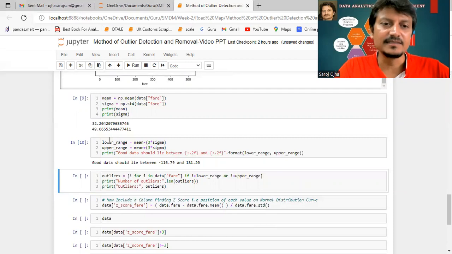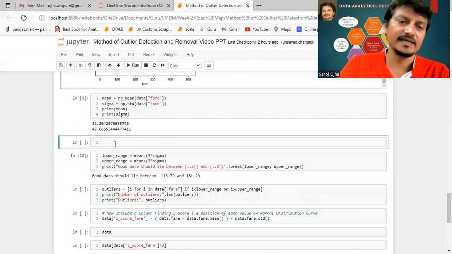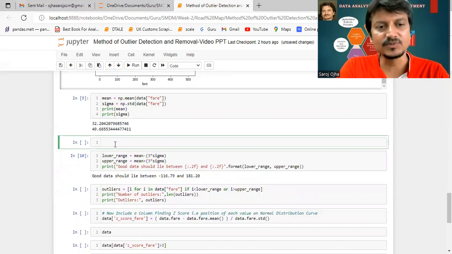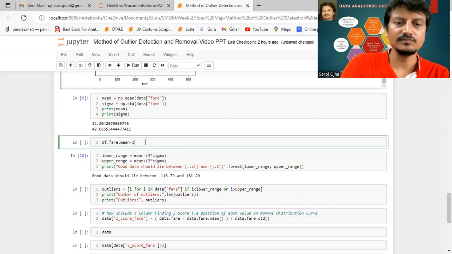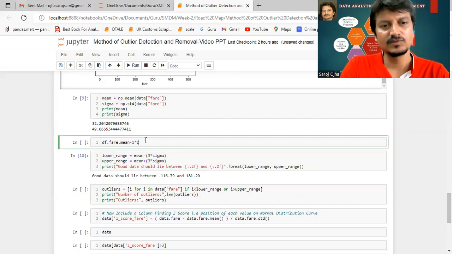So what I did here, let's understand this. If I want to find the z score for the first item, df dot mean, minus the mean, divided by the standard deviation.